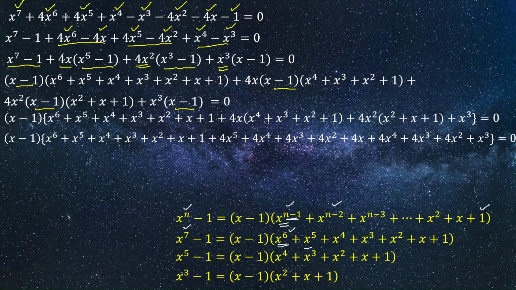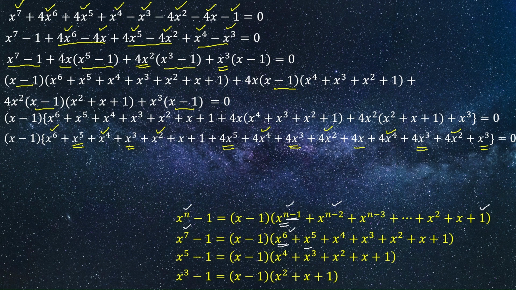Now we shall combine like powers of x. Here is x^6, then x^5. Then we shall combine x^4, then x^3, then x^2.